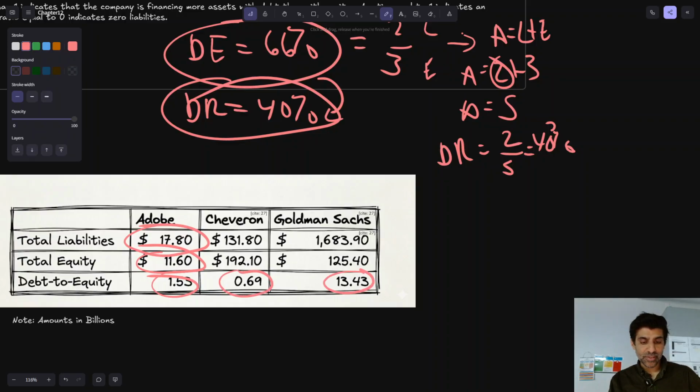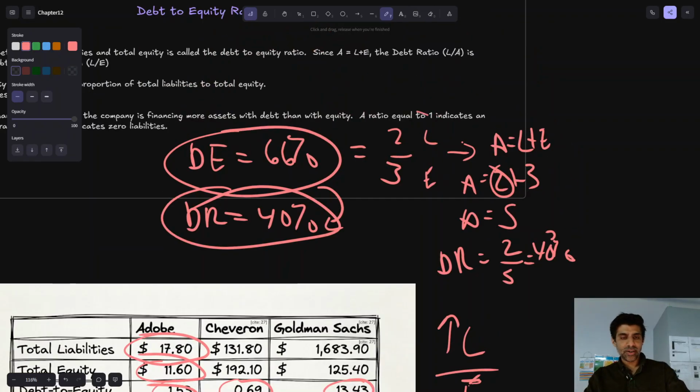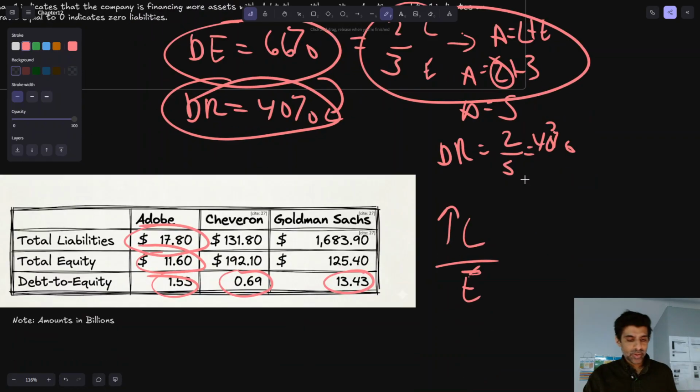And then Goldman Sachs, which is an investment bank, has a very high debt to equity, meaning they have lots of liability compared to equity. That's why it's so high. But again, you can convert all of these into debt ratios if you wanted to, using what I did here.